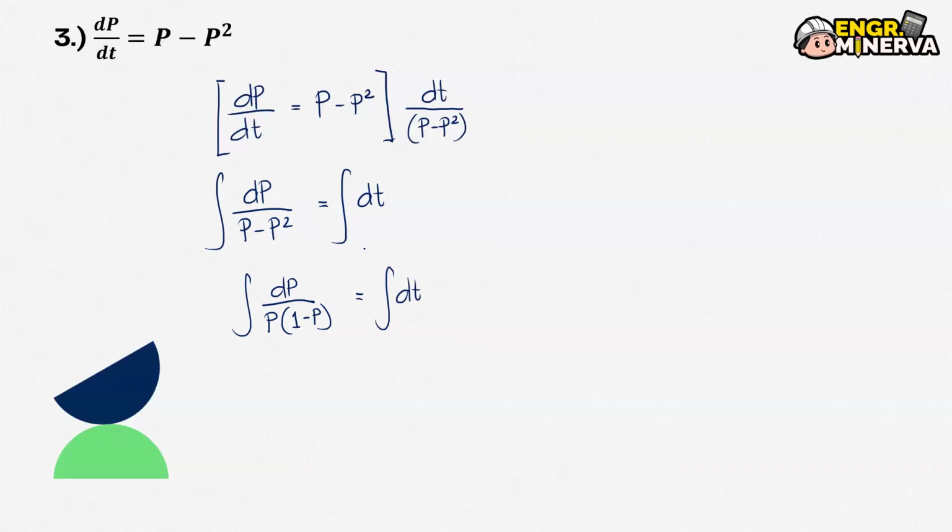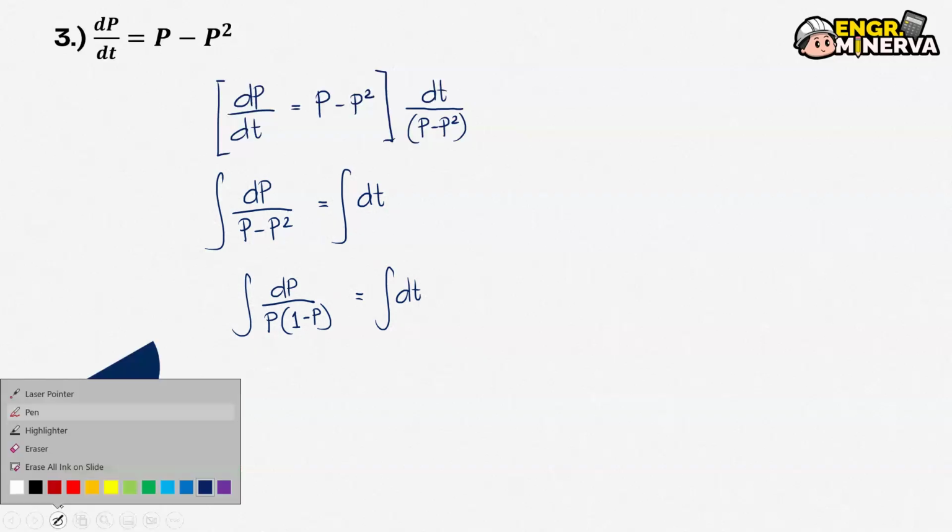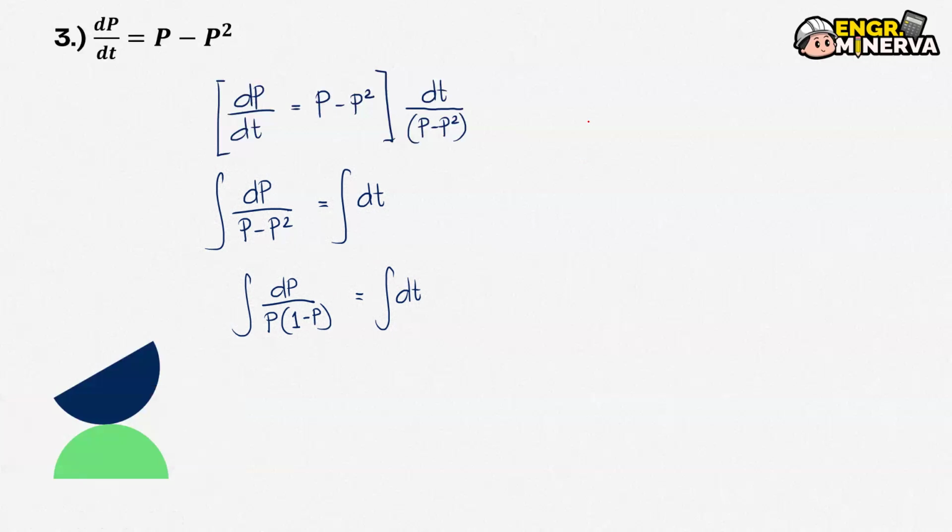With this, since we have factors on our denominator, we will use partial fractions. So for partial fractions, we have here 1 over p multiplied to 1 minus p. We will assign A for p and B for 1 minus p.